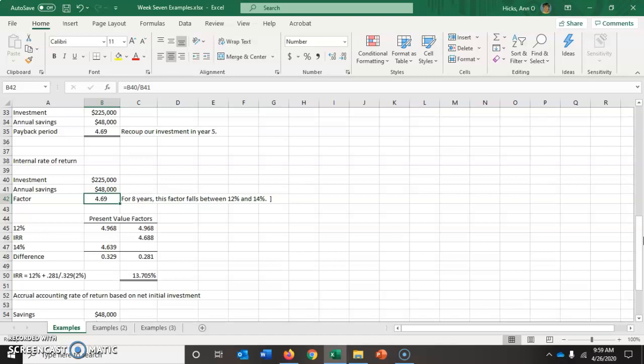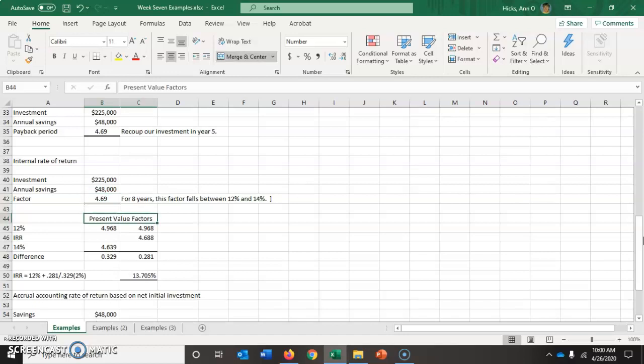Then we've got an 8-year life, so I went to the tables and I determined that the 4.69 factor on the 8-year line falls between 12 and 14%. Okay, we know we have a required rate of return, so if it falls between 12 and 14, then we certainly would achieve our required rate of return.